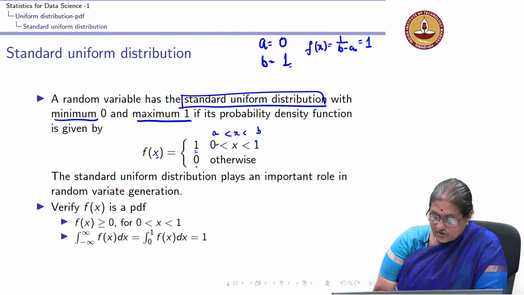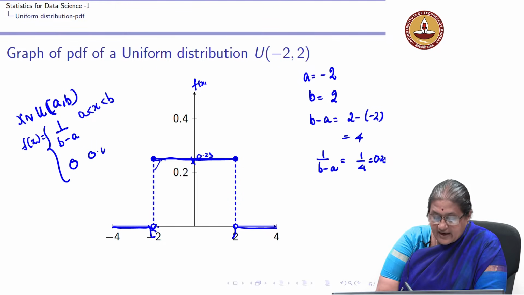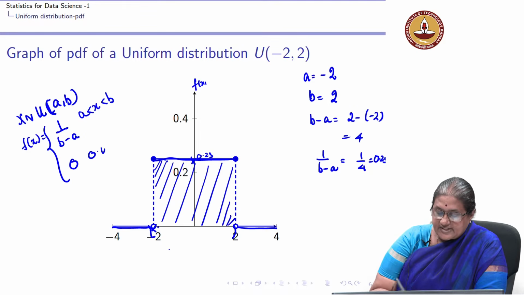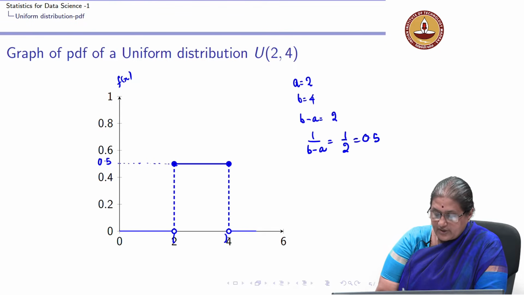Now, we also can confirm that the area under the density function is 1. In the earlier example, from minus 2 to 2 with height 0.25, that is 1 by 4 into 4, which is equal to 1. Here it is going to be 2 into 0.5, which is equal to 1.